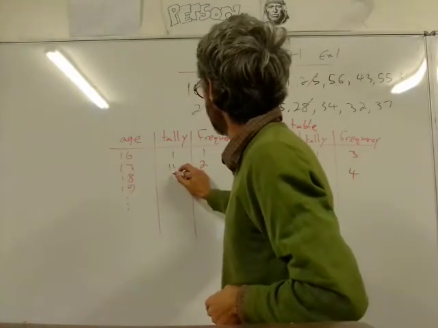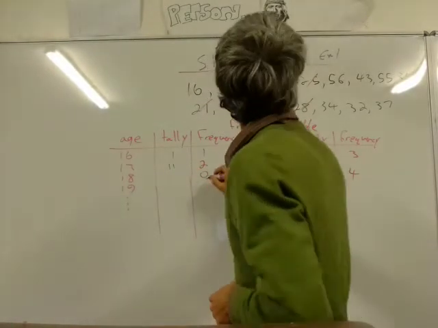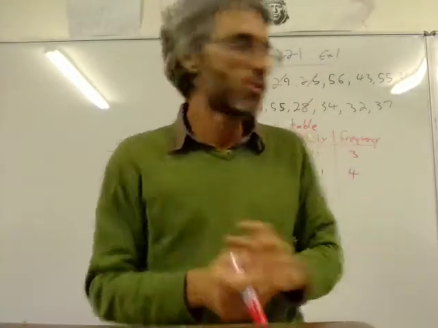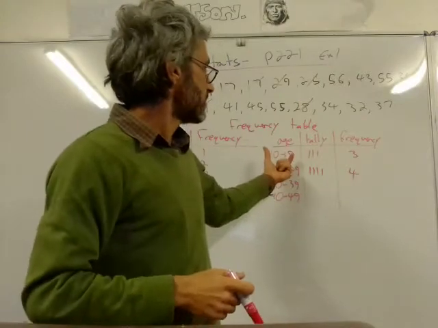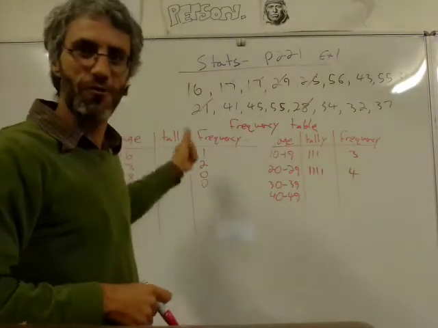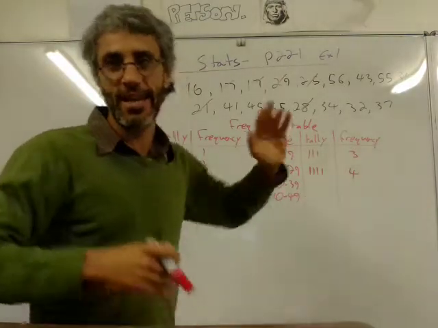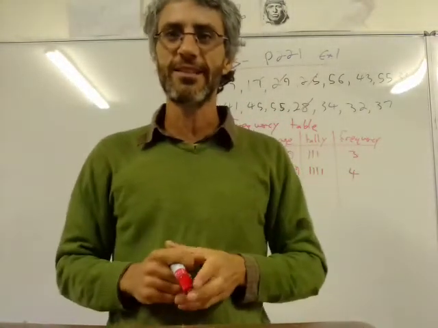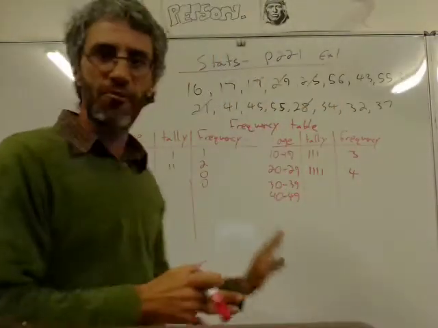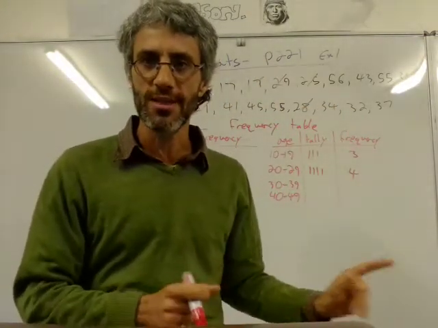How many 18? 0. How many 19? 0. Okay, so you can play with the age group. Do you want to have between 10 to 19, or just 10, 11, 12, 13, or maybe between 10 and 29? It just depends on the data that you have. Okay? So hopefully it's clear how to draw a frequency table.